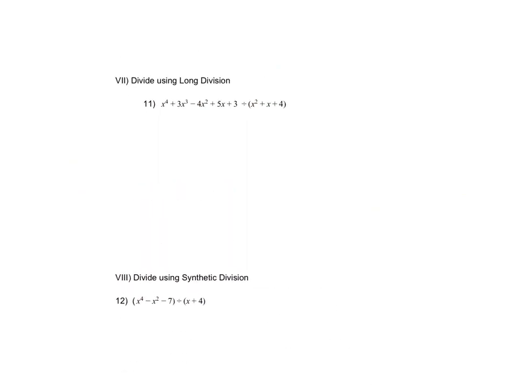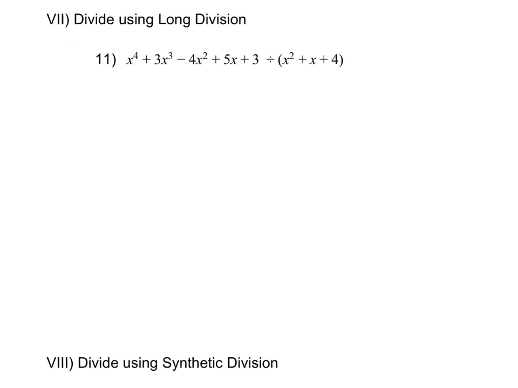Okay, now for some long division. All right, this is not synthetic division on this first question. Make sure that you realize you can't use synthetic division unless what you're dividing by is a simple binomial like x plus 2, x minus 5, something like that. So the first thing we're going to do is put what we're dividing by on the outside of the house.